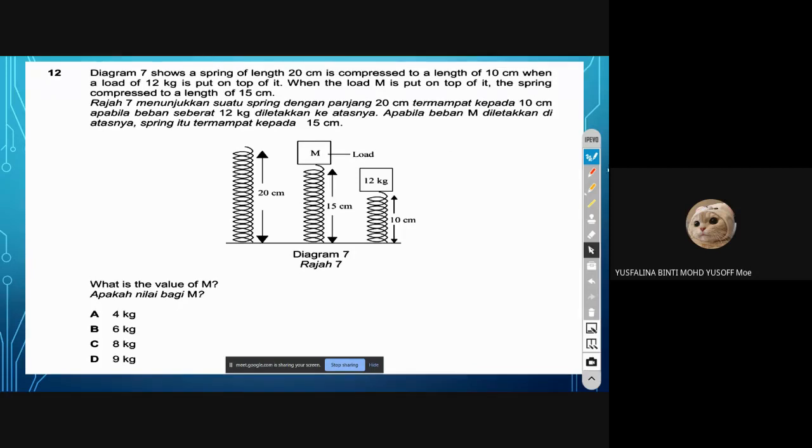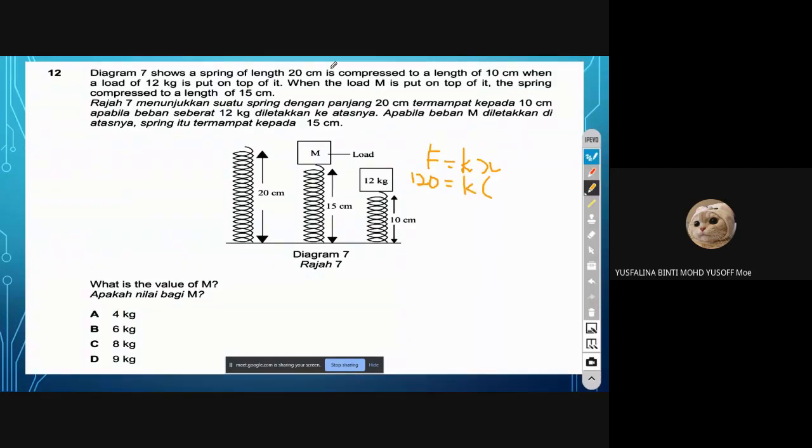Or you can use the formula F equals Kx. We want to find K first, the spring constant. The F here: you put 12 kg, so the force is 120 Newton, because to change kg to Newton you multiply by 10. Then the K you need to find first.